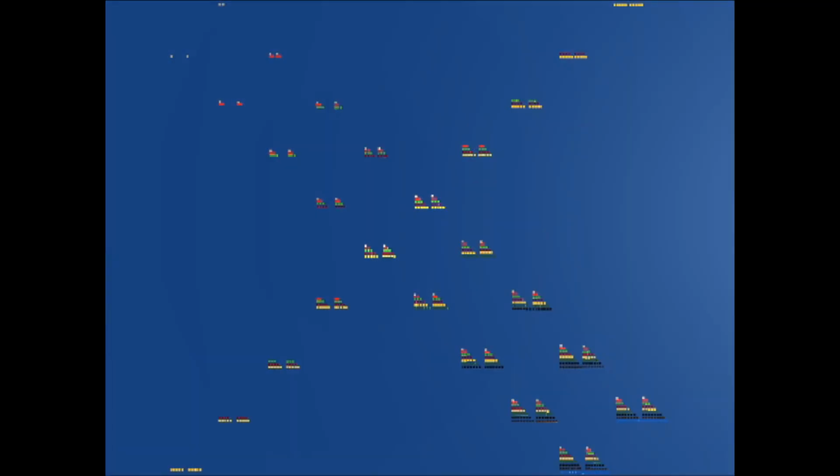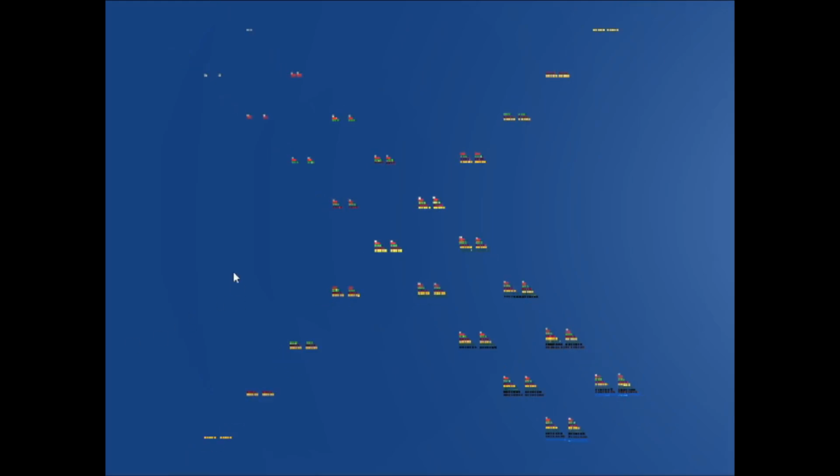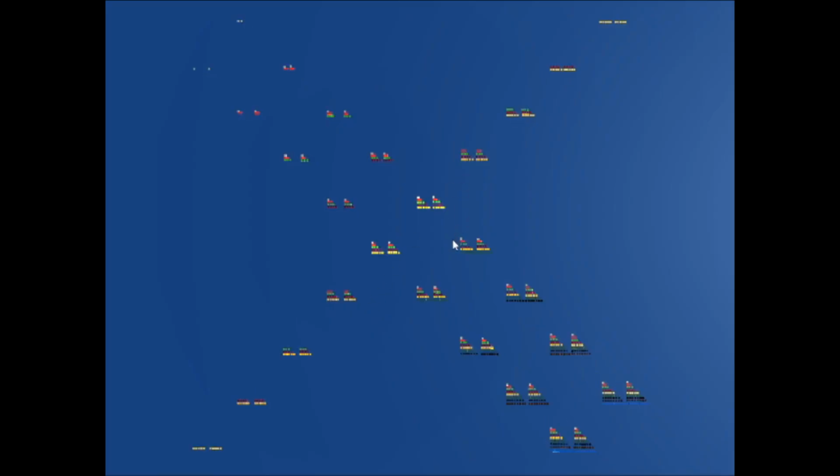I'll just put up a version of this that's all triangles and no rectangles. If you have a look at these twin triangles and what happens to them as they move further and further away from the centre.